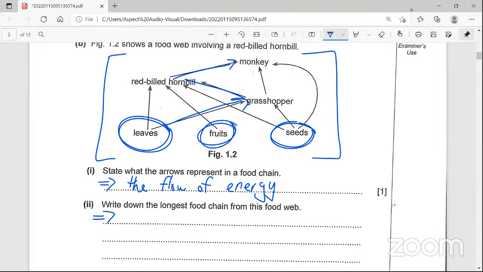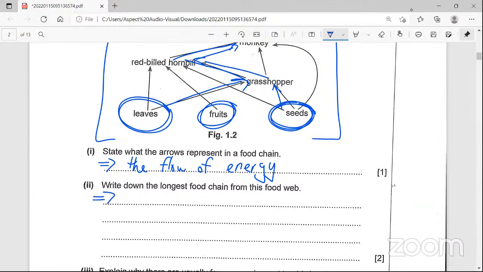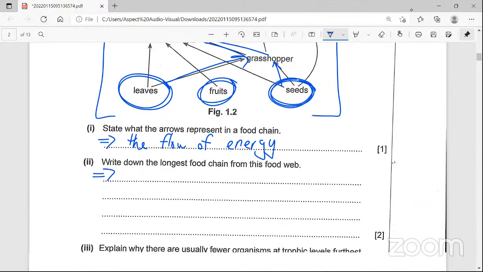There's the seed, the grasshopper, the red-billed hornbill, then the monkey. That's 1, 2, 3. You said seeds, grasshopper. Oh yes, thank you. 1, 2, 3, 4. Yeah. So I think I'm making a mistake of not counting the producer. Right.